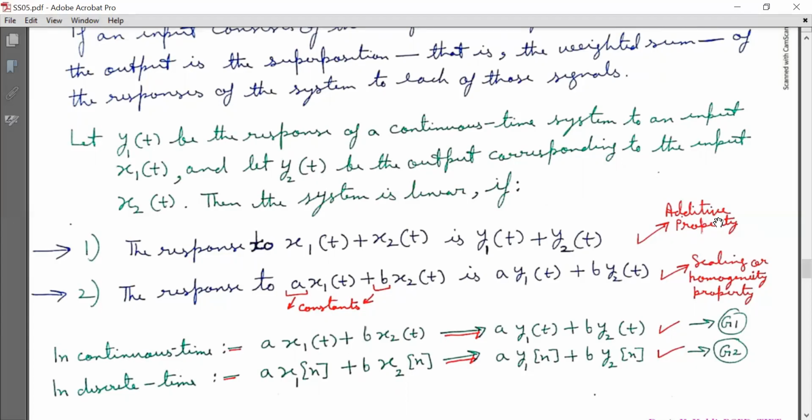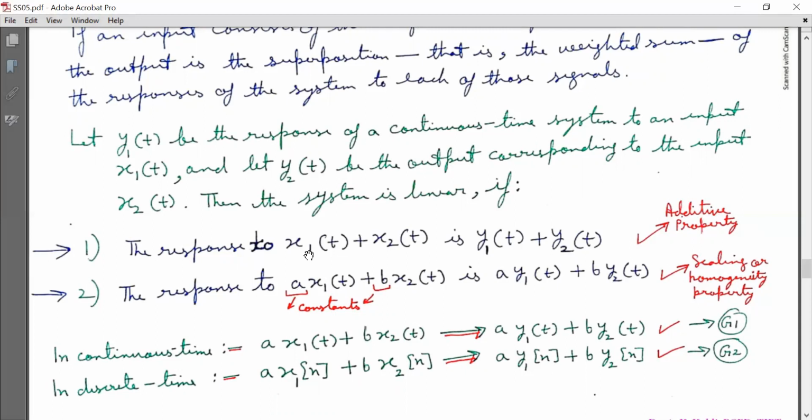This is the additive property. Second, the response to the input a x1t plus b x2t is a y1t plus b y2t. Now this is the scaling or homogeneity property.